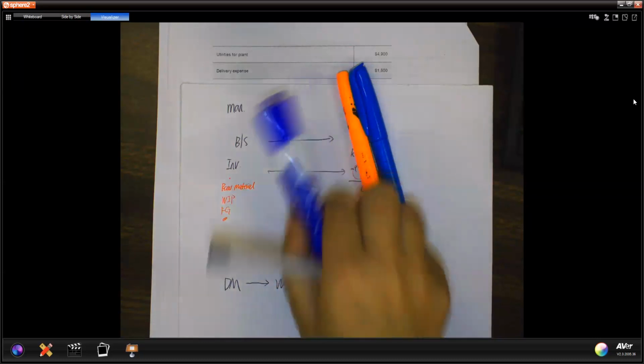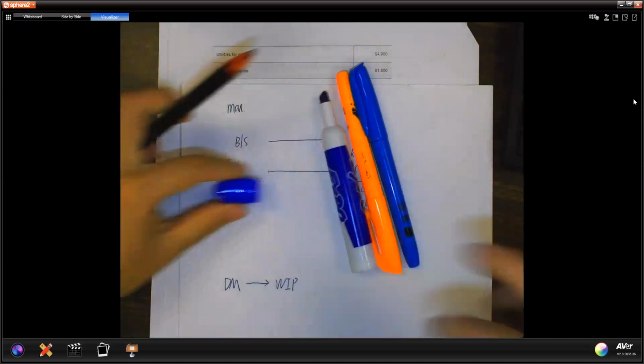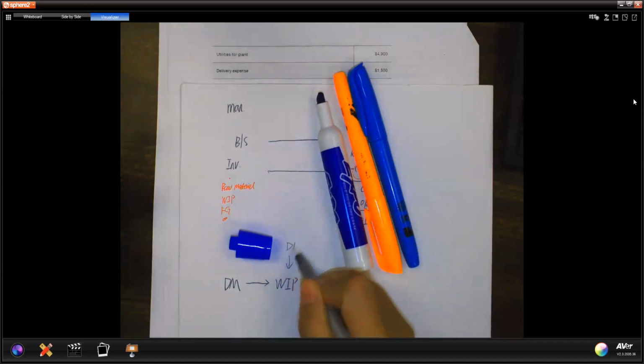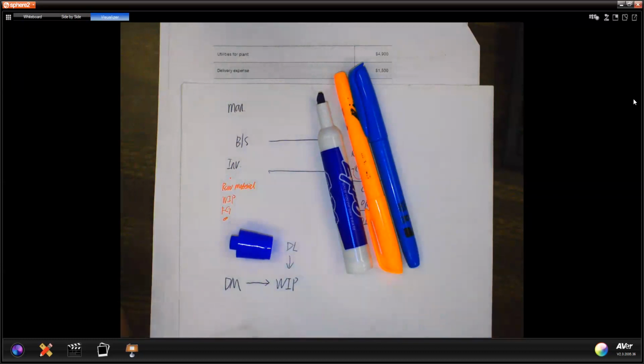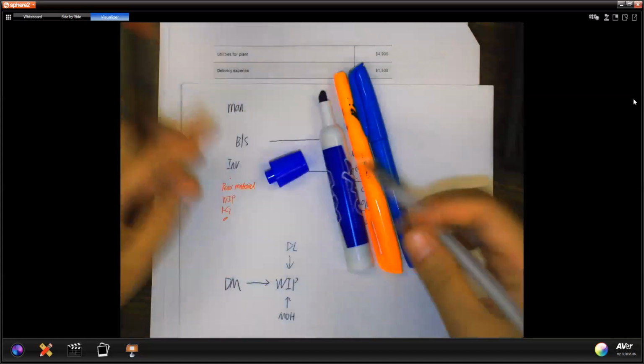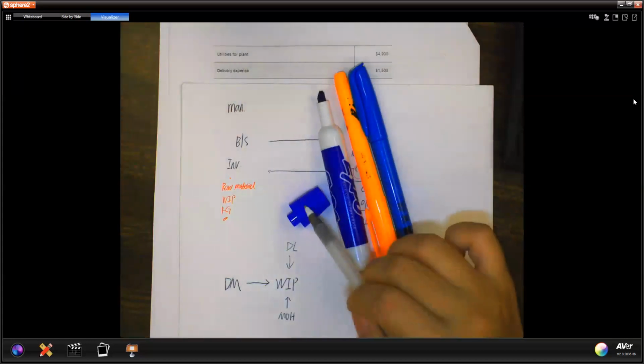How do we convert the raw material to work in process? We have to put in direct labor, because someone has to assemble the ink. And then we also have to use manufacturing overhead: we use a machine, we have insurance. Those are manufacturing overhead. And then it's work in process, halfway done, we haven't put the cover on.